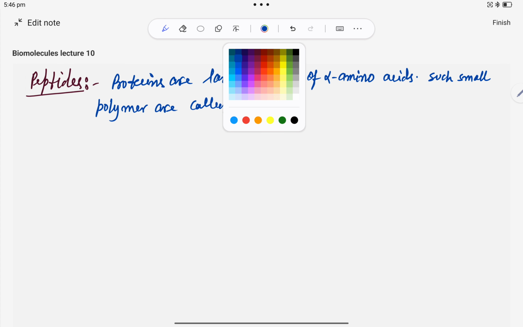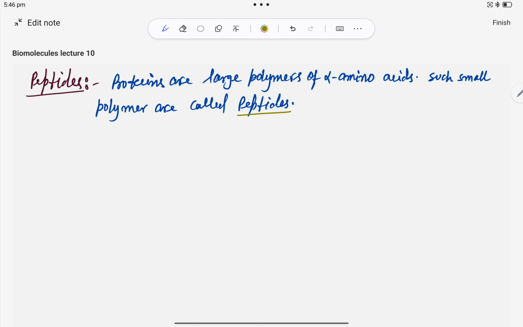What is the definition, guys? Proteins are large polymers of alpha amino acids, and such small polymers are called peptides. You can say monomers of alpha amino acid.